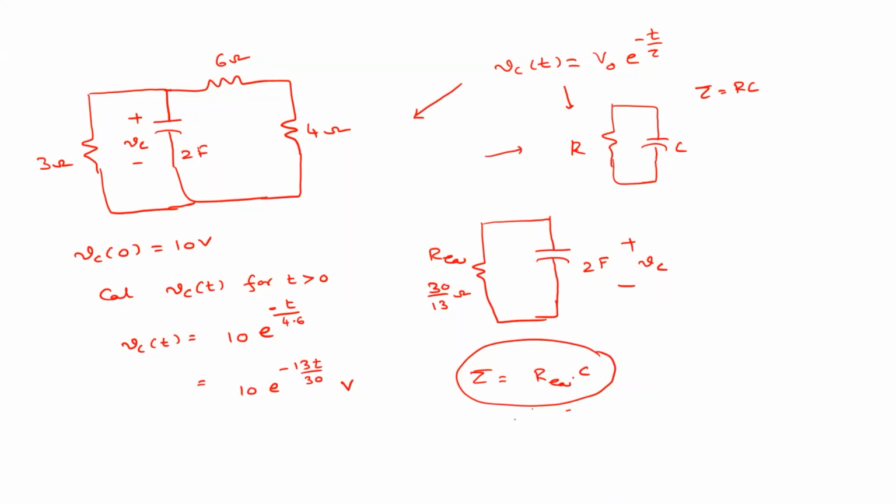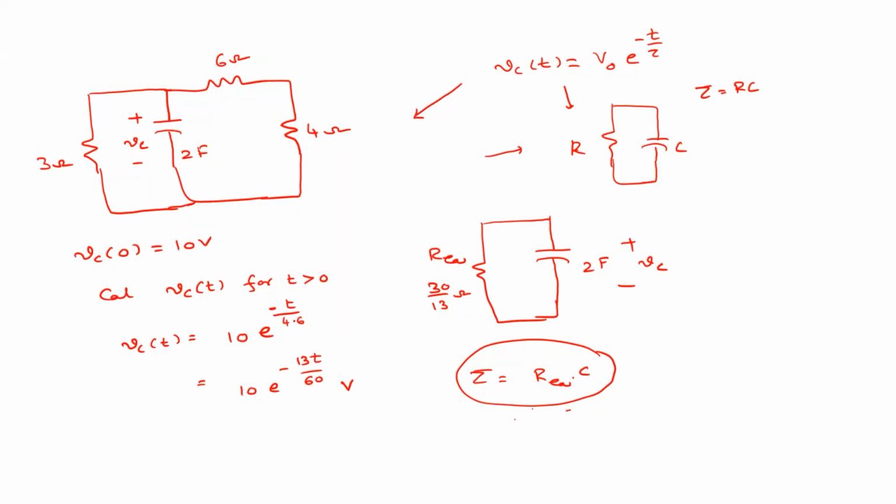Yeah, so we missed that. So that means it will be 13 by 60. Is this correct? Yes, sir. Now it's correct. So it is minus 13 t by 60 volts.